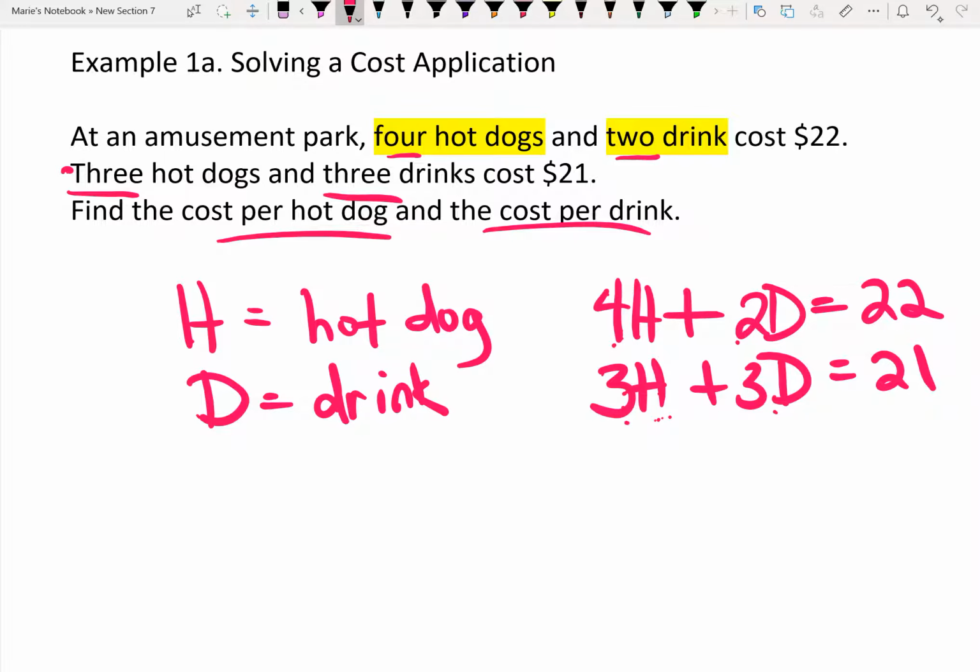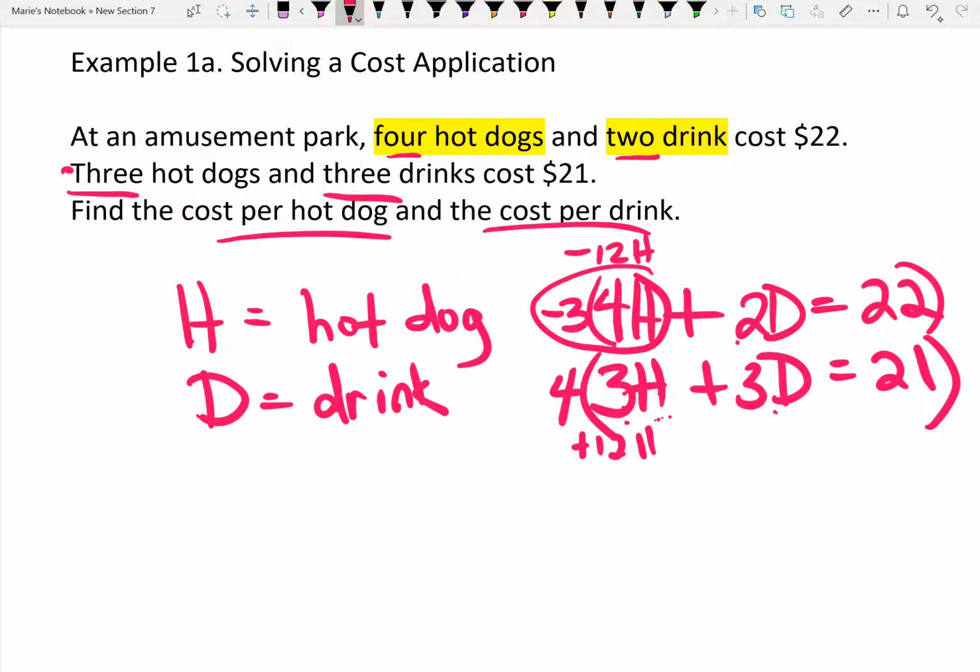I'm looking at the 4H, and if I multiply this by -3, and multiply the bottom equation by 4, this is going to give me -12H, and this is going to give me +12H, and that's what you're trying to accomplish. Obviously you would multiply across with the -3 for all of the variables, and over here, all the variables get multiplied by 4.